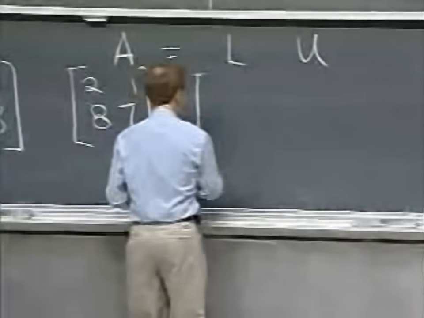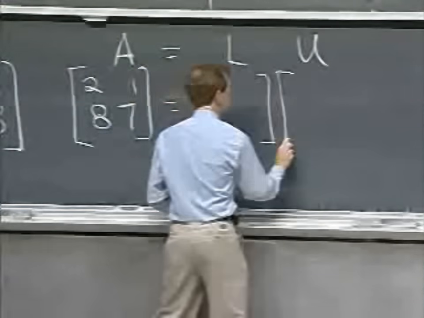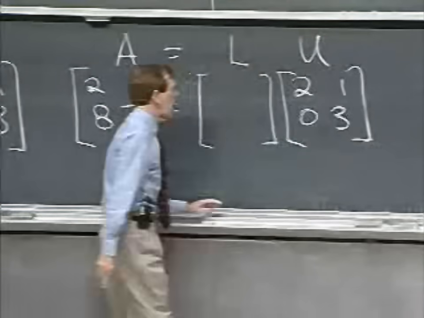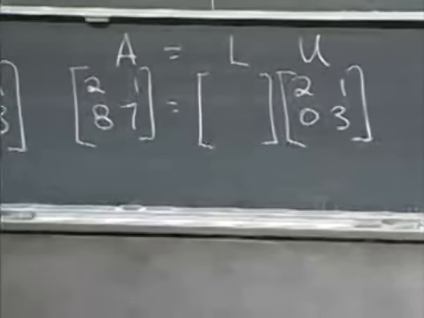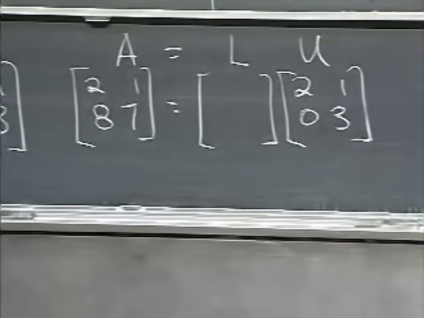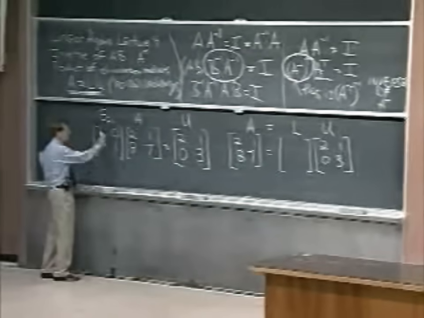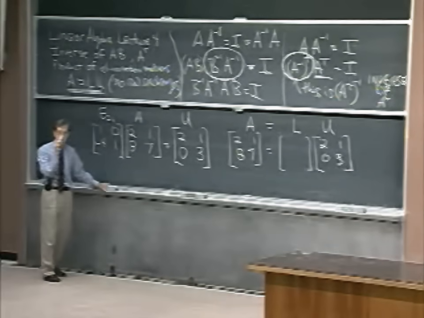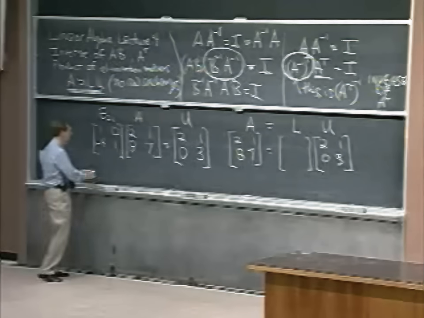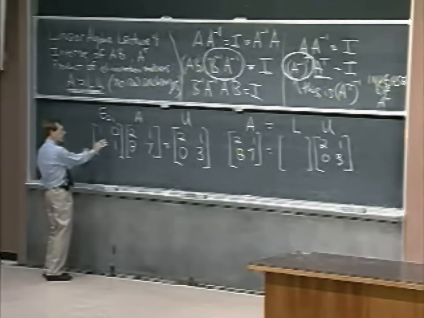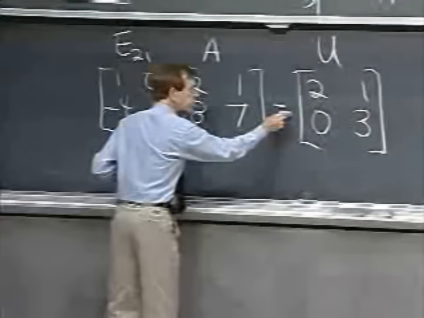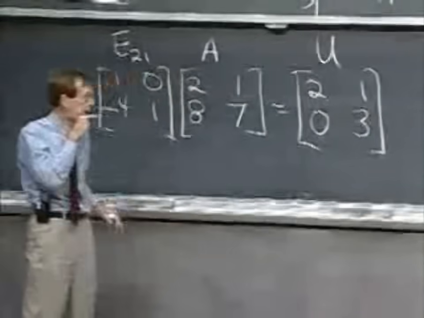L is what you're going to tell me, and U is still 2, 1, 0, 3. So what's L in this case? Well, first, how is L related to this E guy? It's the inverse, because I want to multiply through by the inverse of this, which will put the identity here, and the inverse will show up there, and I'll call it L.